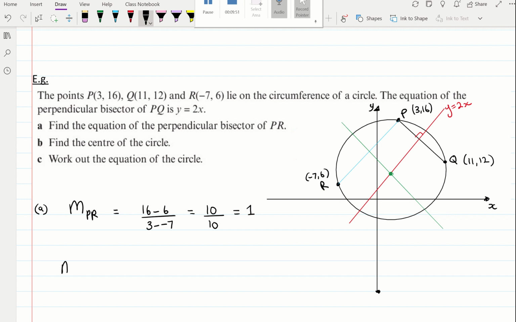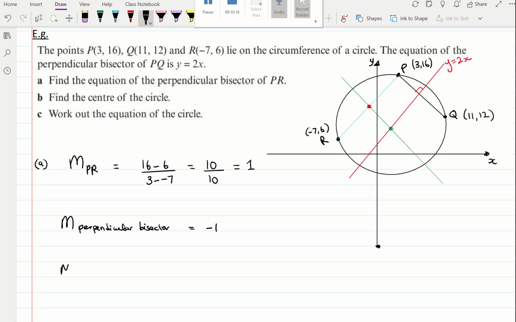That means that the gradient of the perpendicular bisector, it's perpendicular, so it's going to be -1. And of course, the perpendicular bisector goes through the midpoint of PR. So I need to find the midpoint.